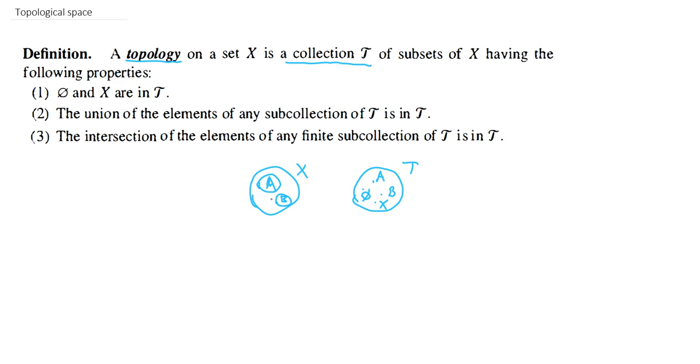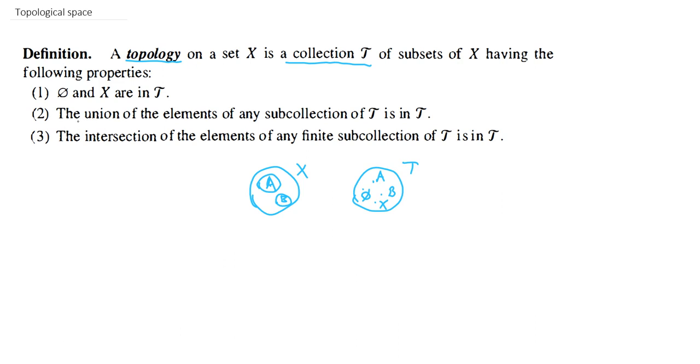So for any set X, we can always have those two subsets, and so we can always have two special elements in T according to the first property. This first property allows us to have two special elements in the topology, and then we can use them to do some special things.